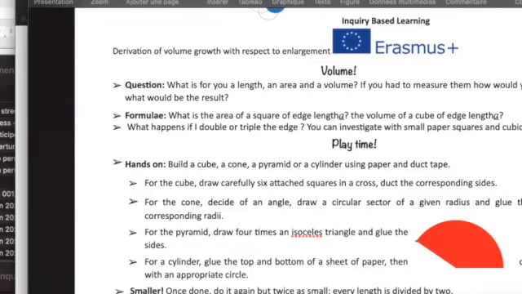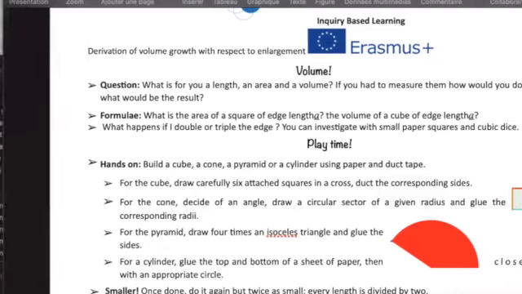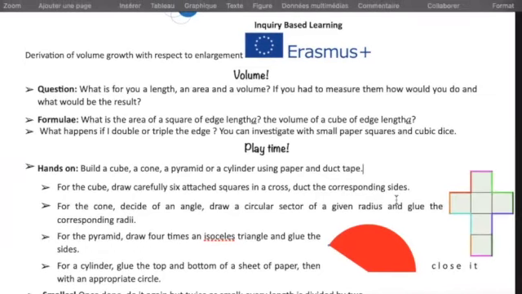Then you do it again with half of the size. You can do the same for a cuboid. Here I made the net of a cube, but you can make the net of something else, choosing 3 different dimensions, and then you do the same with half the size.